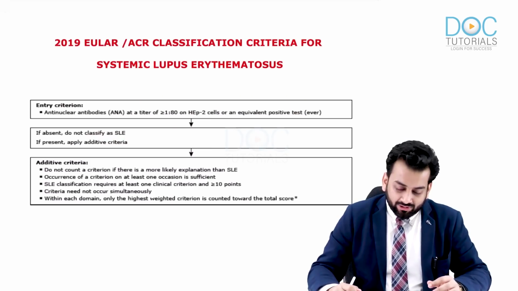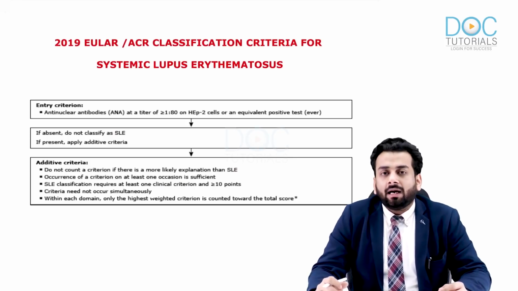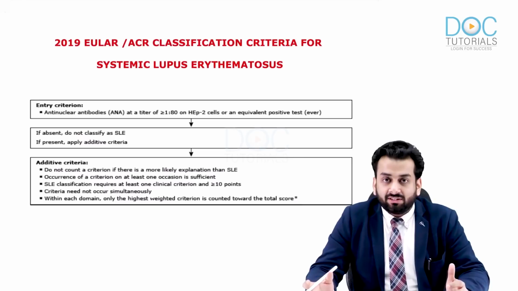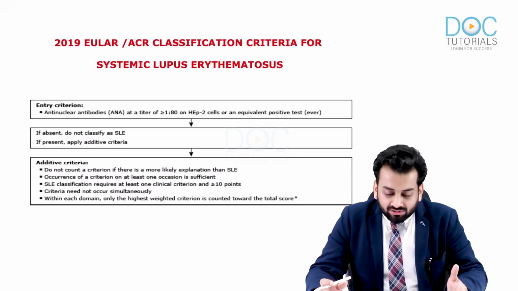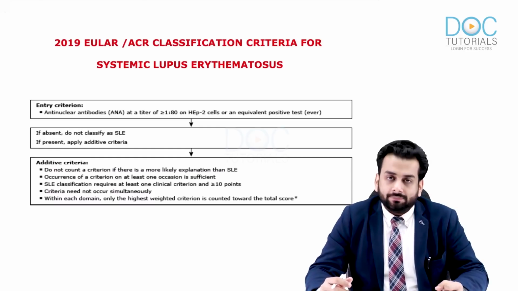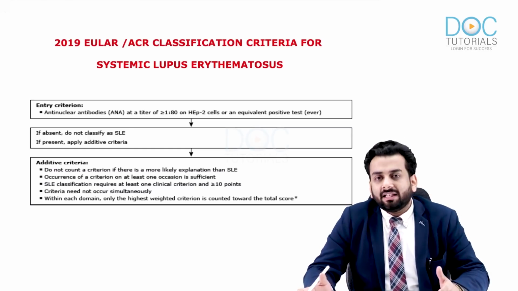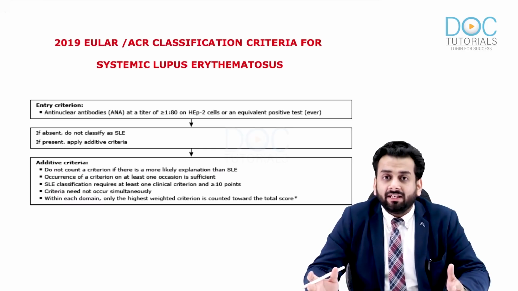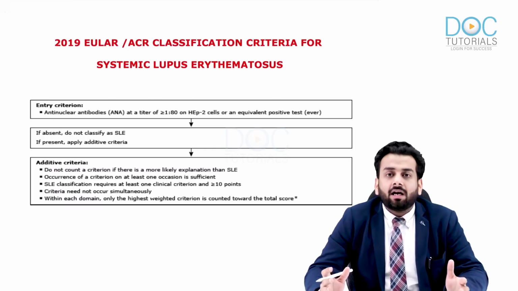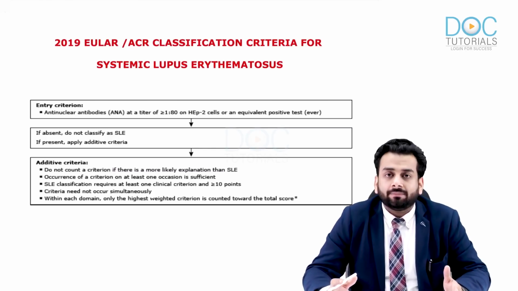At the very outset, I would first like to discuss the new criteria that has come out very recently, last year itself, in 2019, which is the ACR EULAR classification criteria for SLE. We all know that prior to this, we had the ACR criteria in 1987, which was succeeded by the 2012 SLICC criteria, which has now given way to the ACR EULAR classification criteria in 2019.